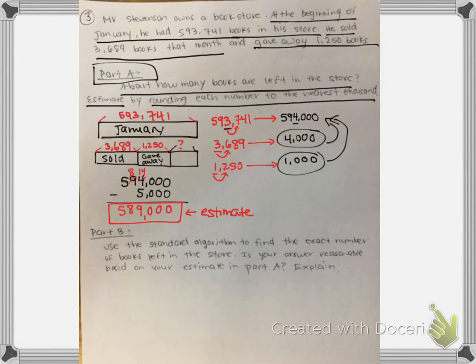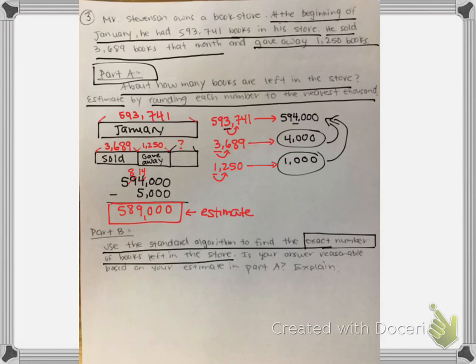Now, let's go to part B. All right, let's review our instructions for part B. Now, part B is different. They want us to use the standard algorithm to find the exact number of books left in the store, the exact number.